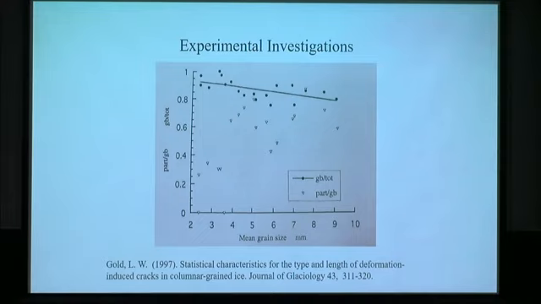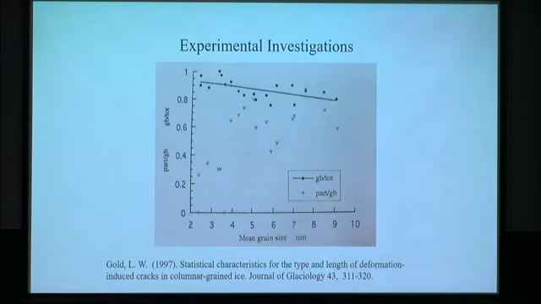What I'm going to show first is a series of figures showing us where the cracks are located and what kind of cracks they are. In the first plot, we have on the y-axis the proportion of grain boundary cracks versus the total number of observed cracks in the experiments that were done, versus the mean grain size. I think this is for freshwater ice, in columnar grain ice.